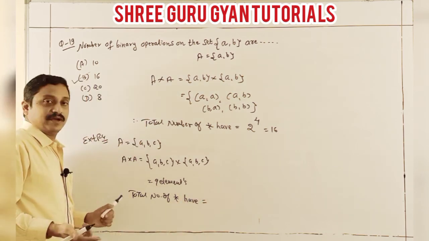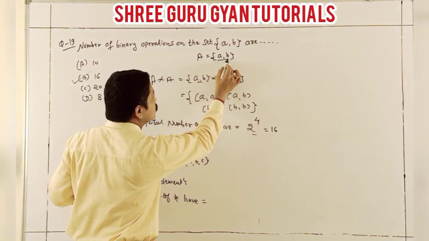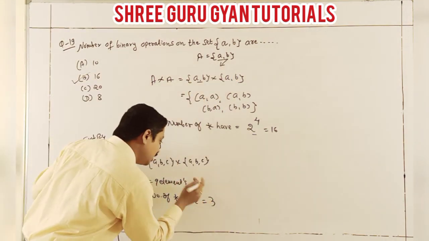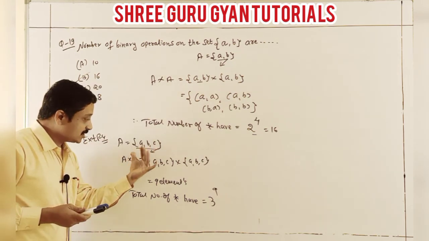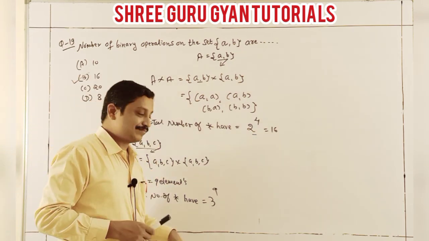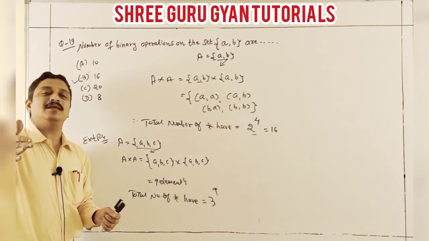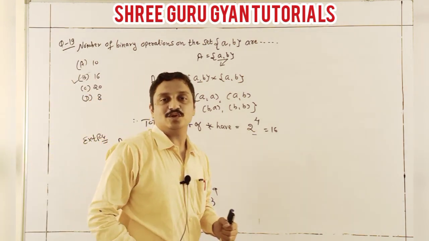Yes, very easy. Here it was 2 raised to 4, because there were 2 elements. Here how much? 3. So you write 3 raised to 9. If 4 elements are given, you write base 4, and the power is the number of pairs. And students, with this, our 90 questions are also happily done.